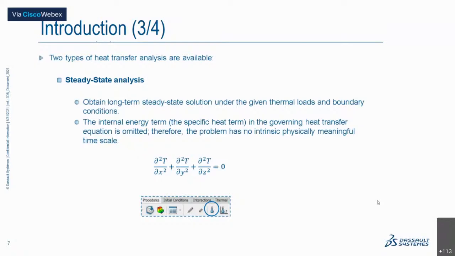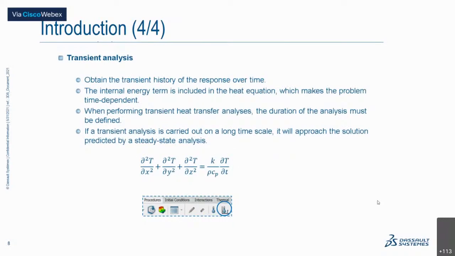Basically, the internal energy variable in a heat transfer equation is not present in a steady state heat transfer, but the same term is present in a transient heat transfer analysis. So the internal energy term, which was neglected in the steady state, is present in the transient heat transfer analysis. If you look at the equation mentioned there, you have the material property plus the temperature dependence of the property too.